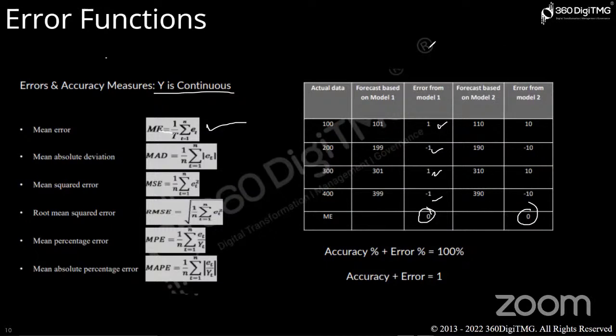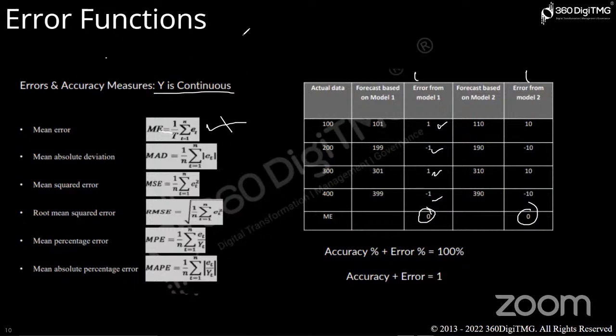So can we say that this and this are equal because both are losses and both have a mean error of 0? Here the error is small, here it is large, so we cannot assess the magnitude of error, so we generally don't use it.